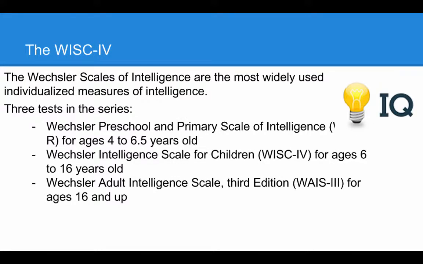The Wechsler Scales of Intelligence are the most widely used individualized measures, so the most commonly used IQ tests. There are 3 different tests in those series that range from ages 4 to 6, and then 6 to 16, and then 16 and up.